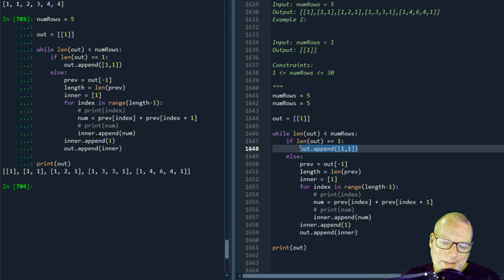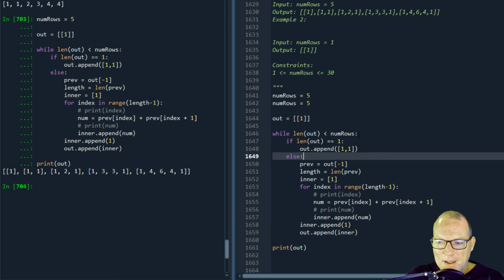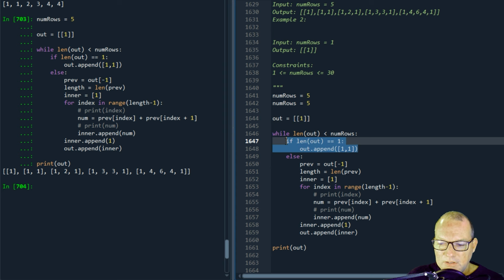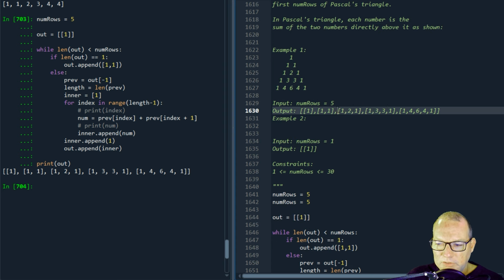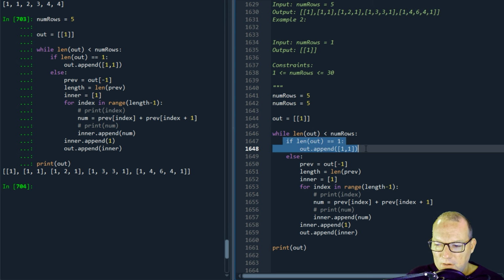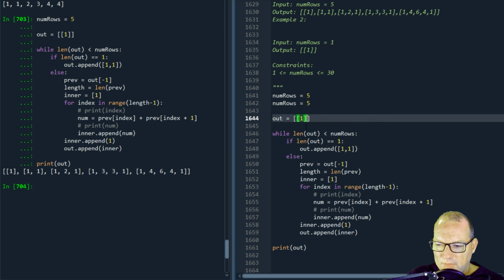Then I hard-coded these two rows because they do not fall under the example of the algorithm we're about to do. So if it's equal to 1, then go ahead and throw in another 1. All right, I would have my first and my second row.